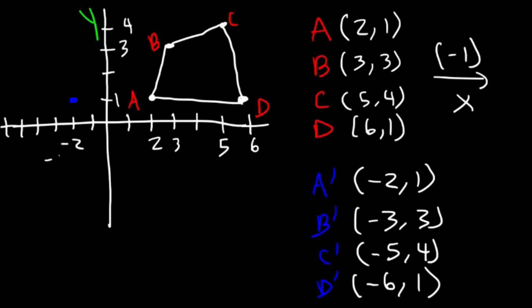B is located at -3, 3. And C is located at -5, 4. And D is located at -6, 1. So that's the reflected image over the y-axis. So all you need to do is multiply all x coordinates by -1.